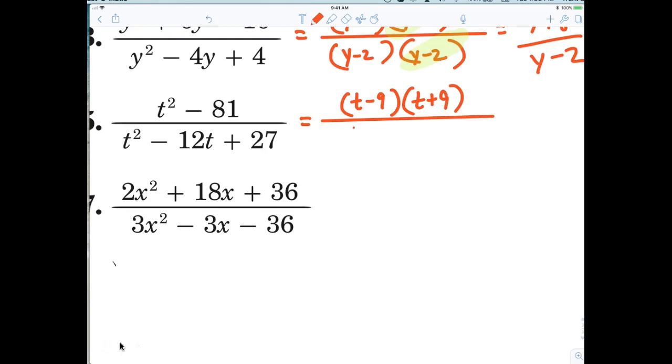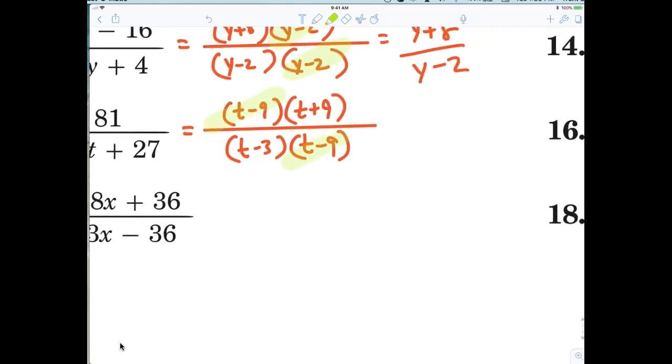And then t minus 3, t minus 9, sorry. Perfect. So what happens to the t minus 9's? Final answer. Any issues with that? All right.